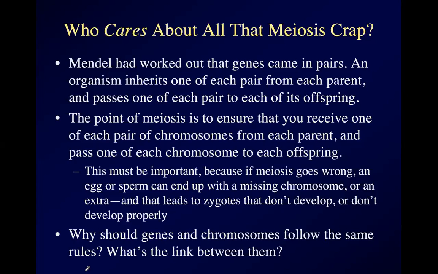And this must be critically important because, as we mentioned, if meiosis goes wrong, an egg or a sperm can end up with a missing or an extra chromosome. Very often, a zygote that has an extra chromosome or a missing chromosome usually doesn't develop at all. Usually it ends up miscarried. In humans, this often happens before the woman even knows that she's pregnant. An estimate of roughly half of all conceptions miscarry.